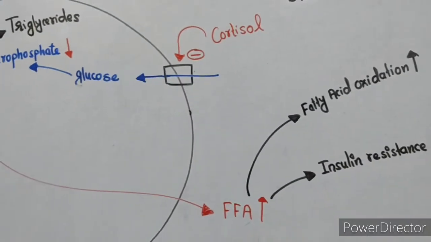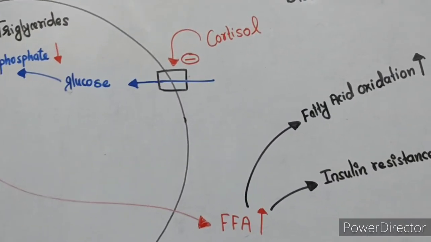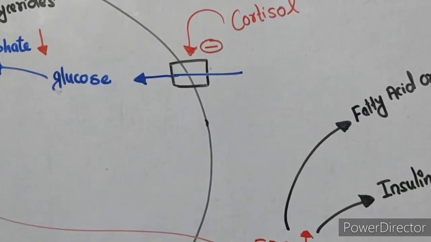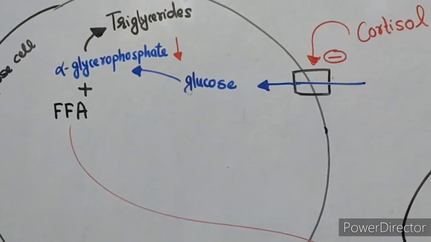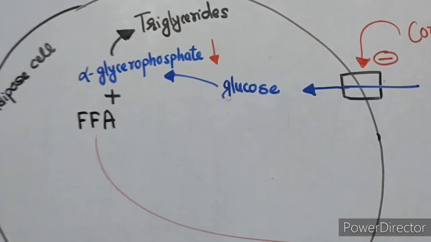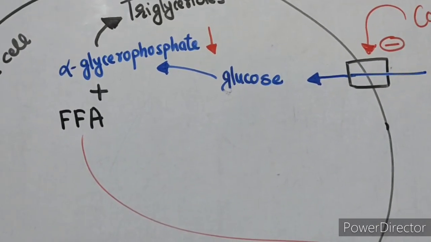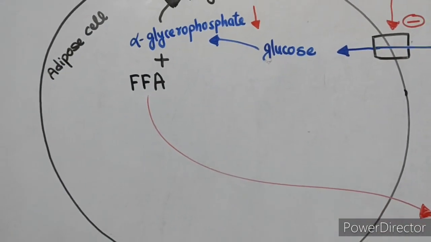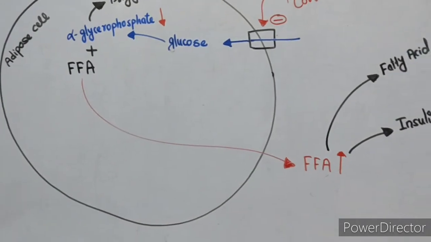But the effect of cortisol in this process is, first, cortisol increases the insulin resistance, because of which uptake of glucose cannot take place. When glucose is less in the adipose cell, alpha glycerophosphate will be less, because of which it cannot combine with free fatty acids. These free fatty acids, that's why, will be released into the blood from the adipose cell.